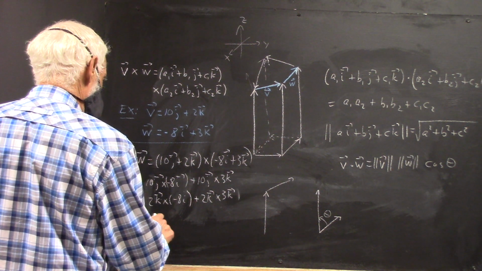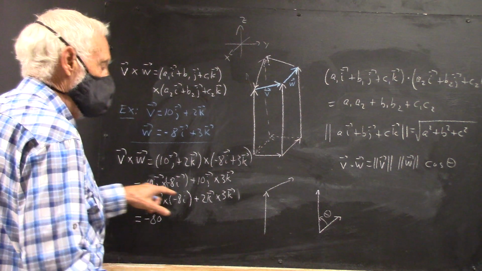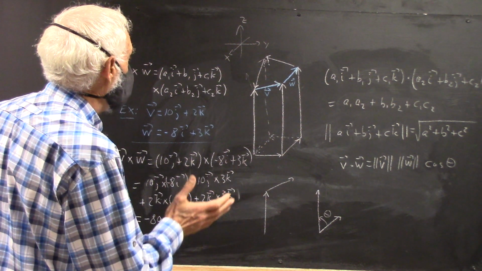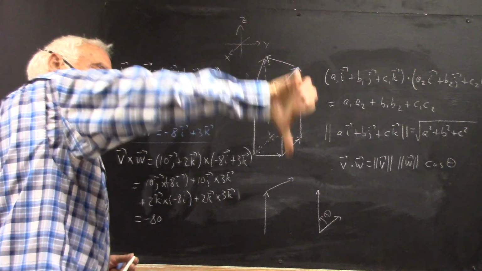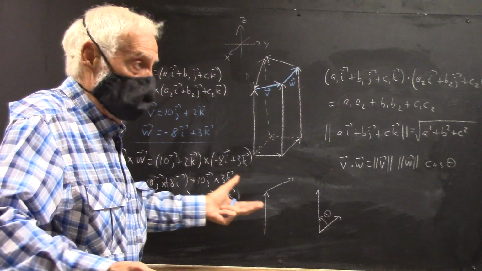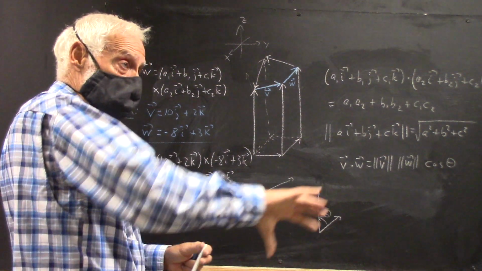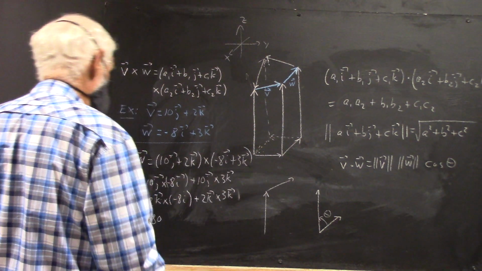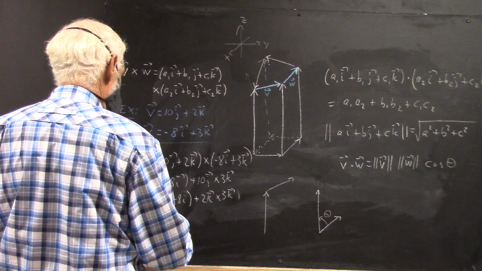Okay, so that's negative 80 J cross I, right-hand rule. J cross I gives you negative K. Now, I wrote those definitions down last time, so you can write them down and get used to them, but also visualize how the right-hand rule does this, okay? So that's going to be negative 80K.